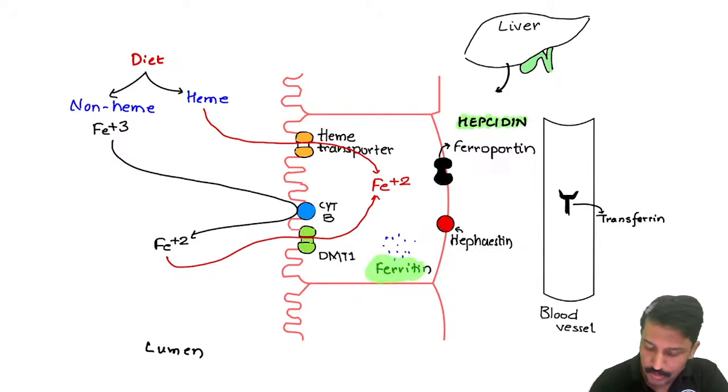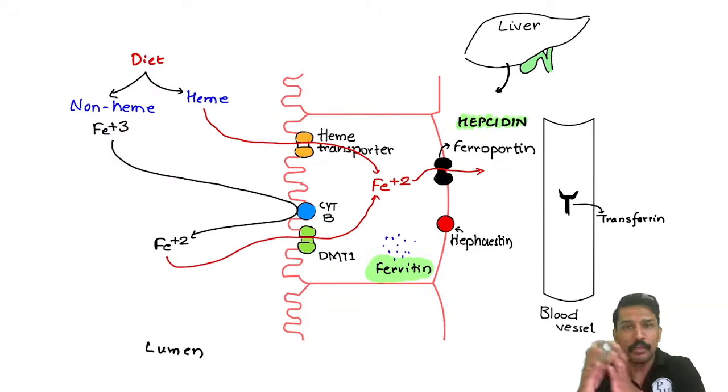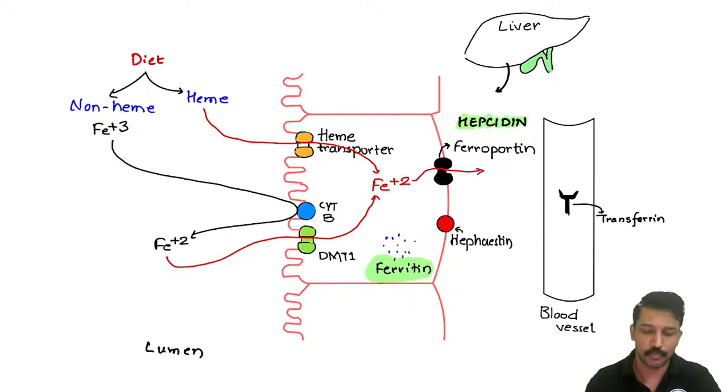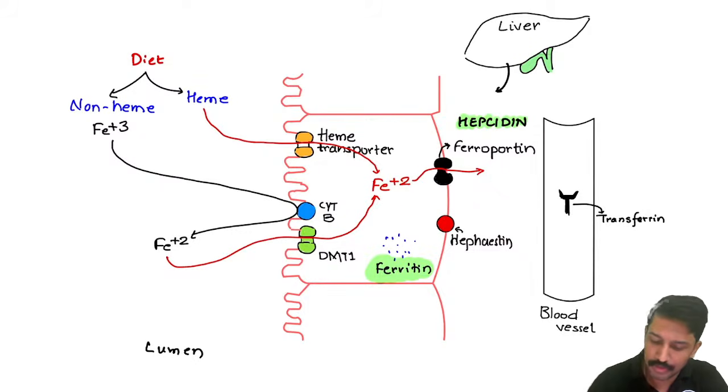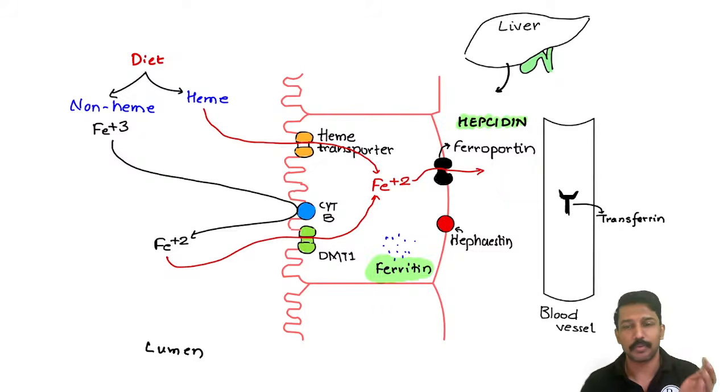The remaining ferrous iron molecules will now be shuffled out from the intestinal epithelial cells into the blood vessels. Again, I need a transport molecule, and this molecule we call ferroportin. Again, it's there in the name, ferroportin. So we are pushing the iron out from the intestinal epithelial cells towards the blood vessels.